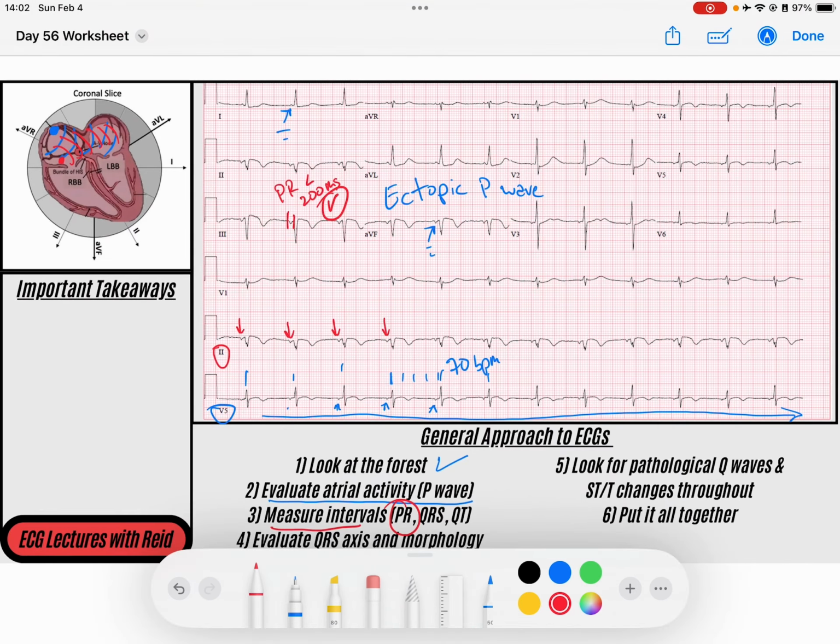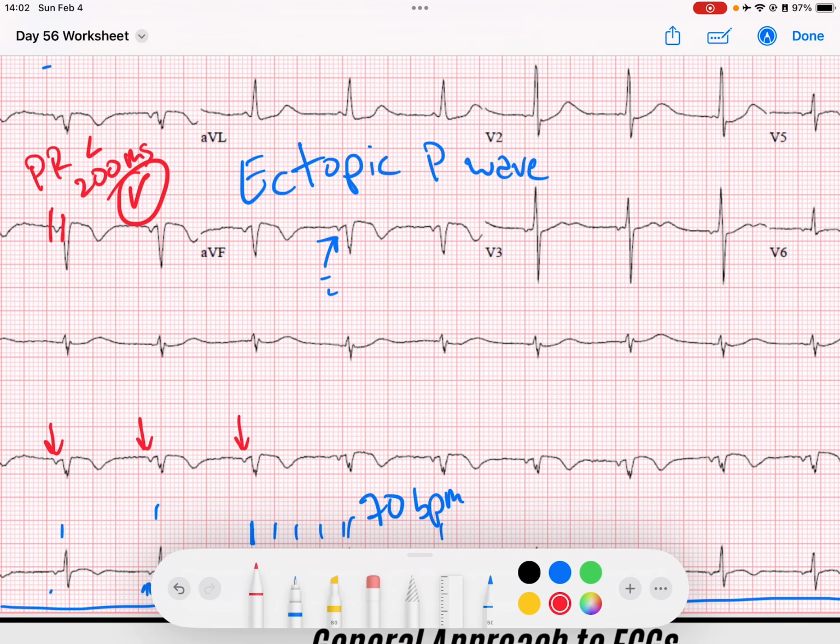So our AV node, we can say, is working well. Next thing we look at is going to be our QRS. Our QRS we said is narrow, and we can come and measure that. So the QRS is less than 120 milliseconds.